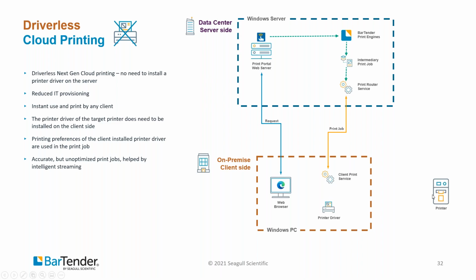So the end result that gets to the printer, yes, that will be in the native print language of the printer, but the content of that print job will be very unoptimized, very graphically intensive, for example. And because we're streaming it, it will at least be producing that print job in chunks rather than a long wait until one big print job is produced.